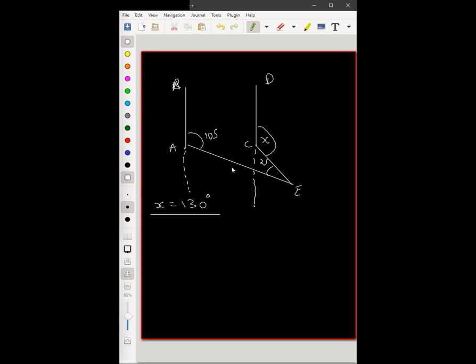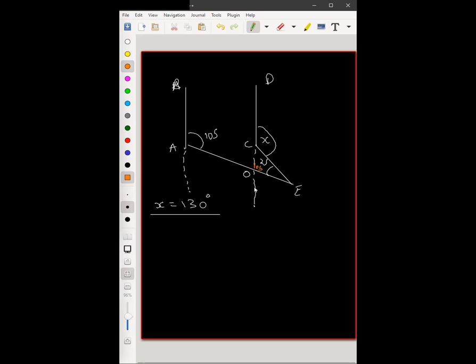Sir, I named the point where CD is intersecting AE as O. So, sir, since AB is parallel to CD, here COE will be 105 because they are corresponding angles. COE. Yeah. So this will be 105. Correct.